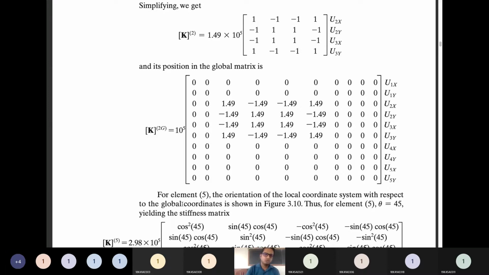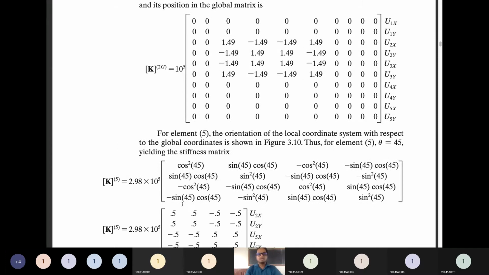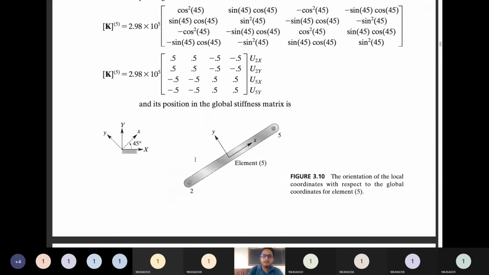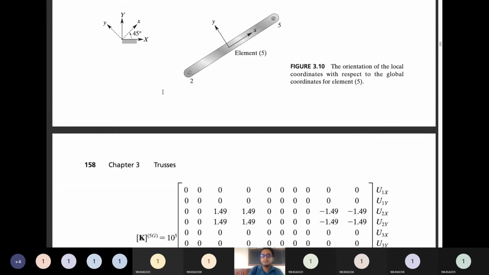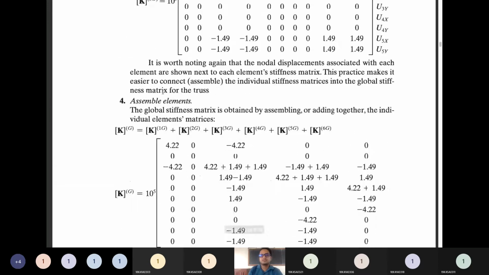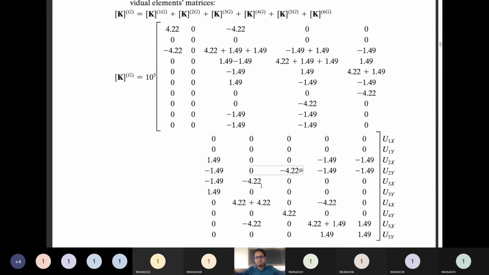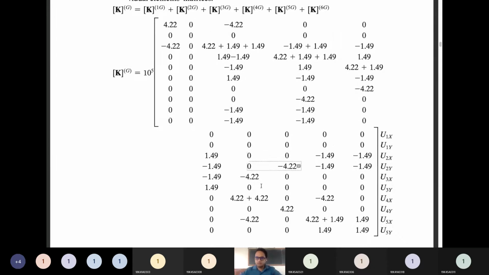Okay. Now coming to your element number 5. Similarly, we will calculate for each and every element, and directly you can assemble your global stiffness matrix like this. See here, it seems to be a very big one. But don't worry.